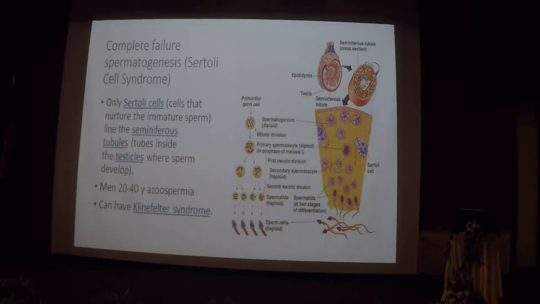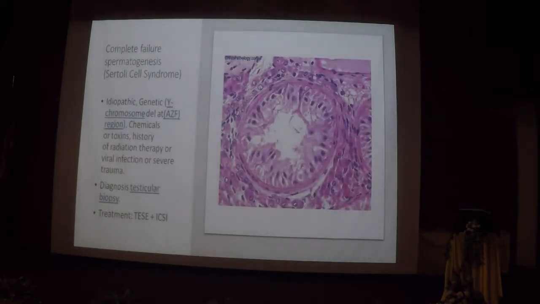It occurs in patients between 20 to 40 years of age, and usually can be associated with Klinefelter syndrome. The cause is still unknown. Could be genetic, chemical, toxin, history of radiation or viral infection. How do you diagnose it? You have to do a testicular biopsy, open it up and look under the microscope, and you find there's only Sertoli cells here.